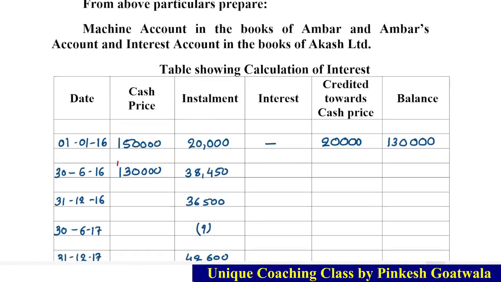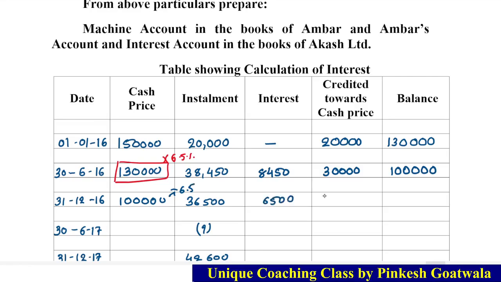So first calculate on this 1,30,000 at 6.5. 130 into 6.5, the amount comes 8450. So the remaining balance after the paid amount of 30: 130 minus 30 comes to 1 lakh. 1 lakh will be here again at 6.5%, so 6,500 here. 1 lakh minus 30 comes to 70.